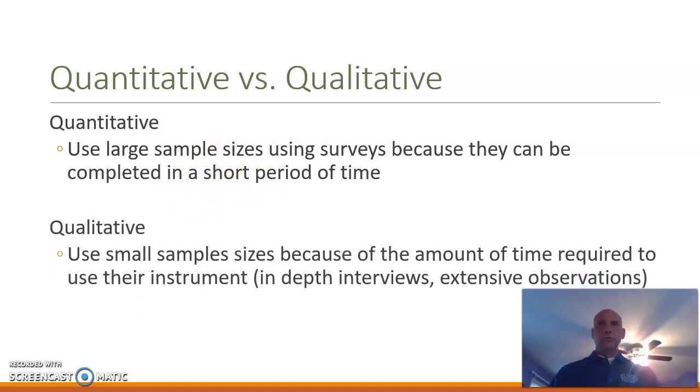Qualitative research, you're going to usually use a smaller sample size because it takes a whole lot more time to collect that data. Okay? And so the in-depth interviews, extensive observations, it's going to take a whole lot more time for the researcher to do, as well as for the people that are participating as your sample.